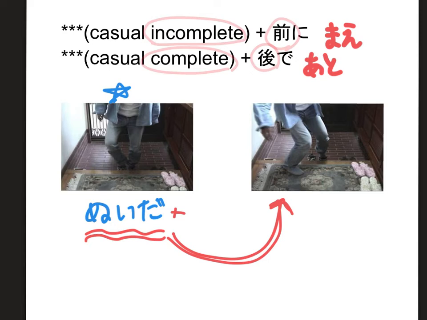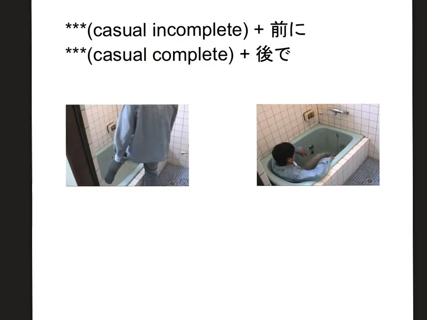Now let's take an example with the bathing unit. So consider what we did a moment ago if you're going to use the before pattern. Ask yourself what's happening by the order of English. You're going to be starting with the sequentially second picture because you're saying before you relax, you enter the bath. So you have to start with the phrase on the right.